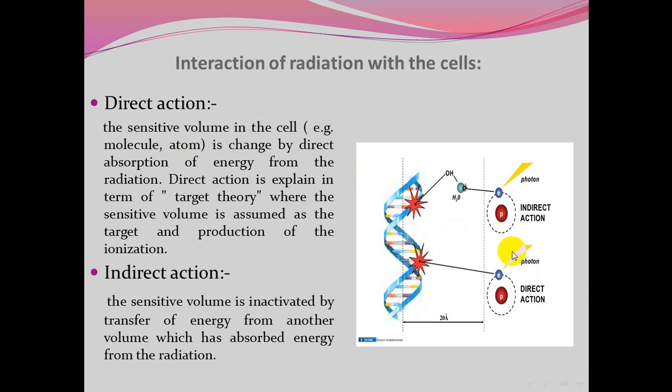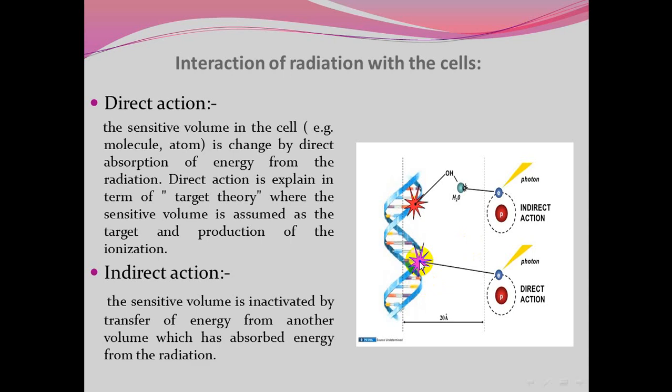In the direct action, as we see here, the photon of X-ray will affect directly the sensitive volume in the cell, which is the molecules or atoms of the DNA. This is called the direct action or target theory. When the radiation directly affects the molecule of the sensitive volume, we call this direct action or target theory, where the sensitive volume is the target.